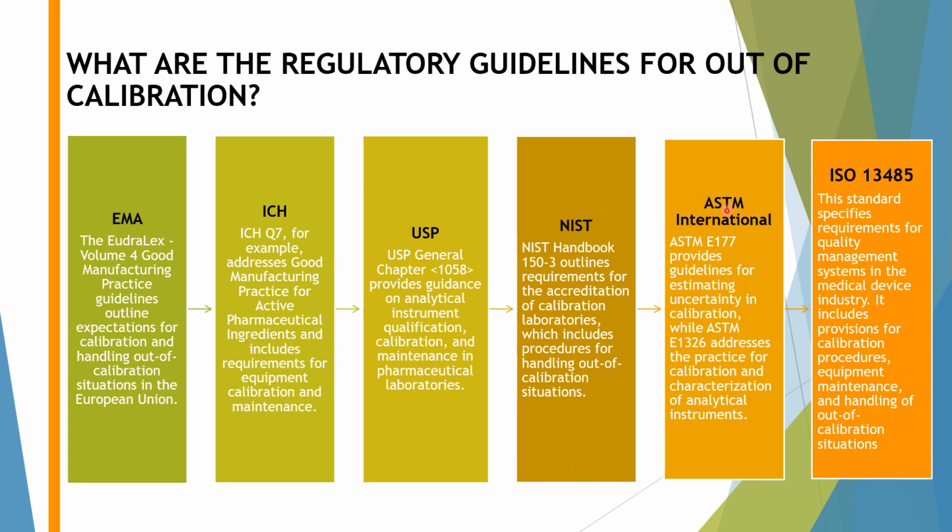Next is ASTM International, that is ASTM E177, American Society for Testing and Materials E177, which talks about estimating uncertainty in calibration, and ASTM E1326, which talks about the practice for calibration and characterization of analytical instruments, right?